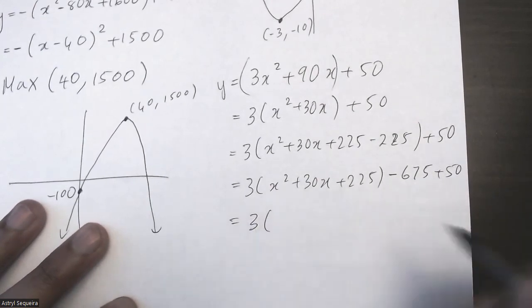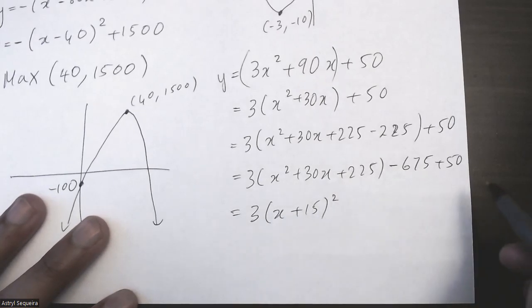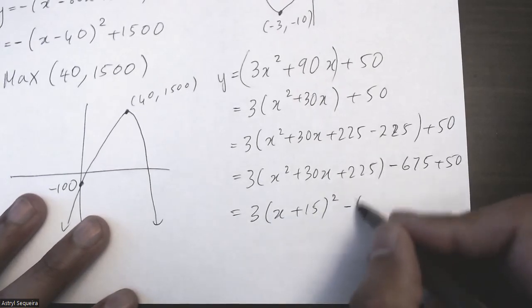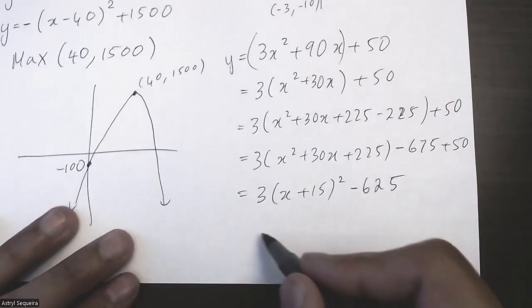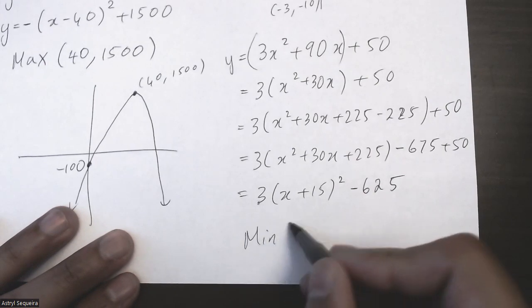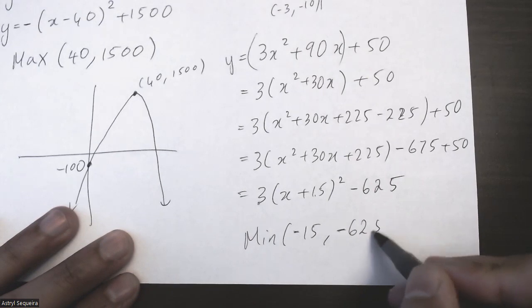And then perfect square the bracket. That's just x plus 15 squared. And that's negative 625. My vertex is positive, so it's a min. X value is negative 15. Y value is negative 625.